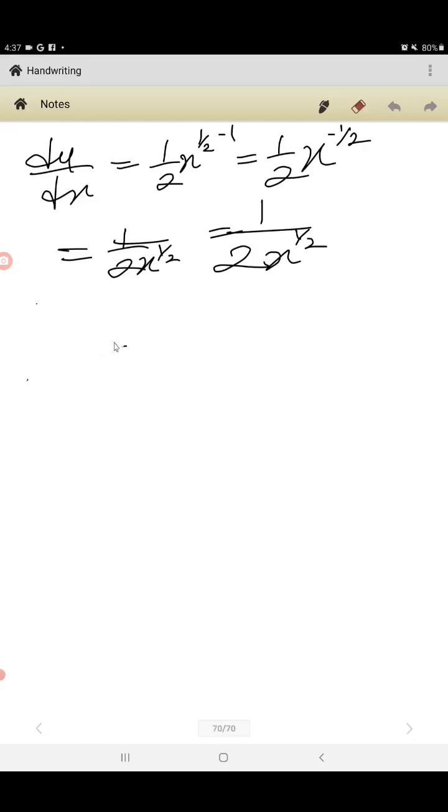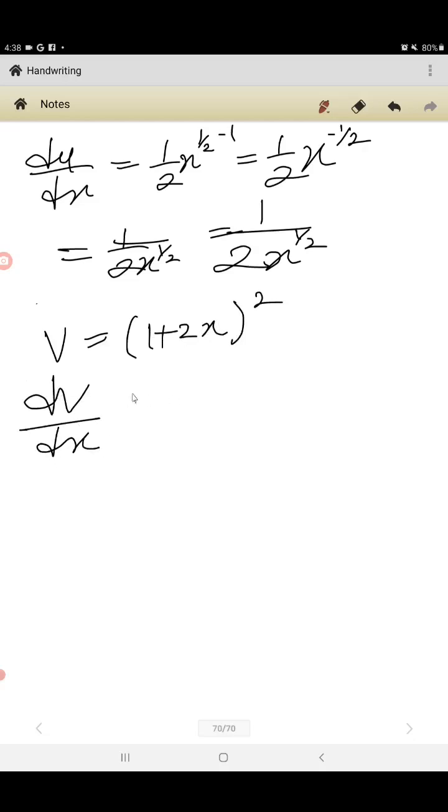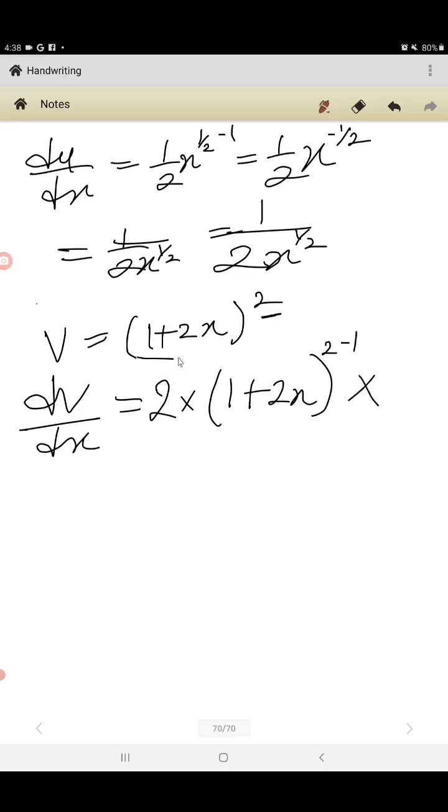If our v is equal to 1 plus 2x all squared, then dv/dx is 2, the power, coming down, multiplied by 1 plus 2x to the power 2 minus 1, multiplied by the derivative of the inside, because it's a function inside a function.